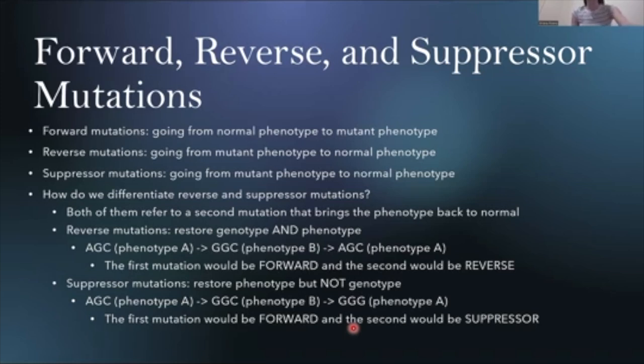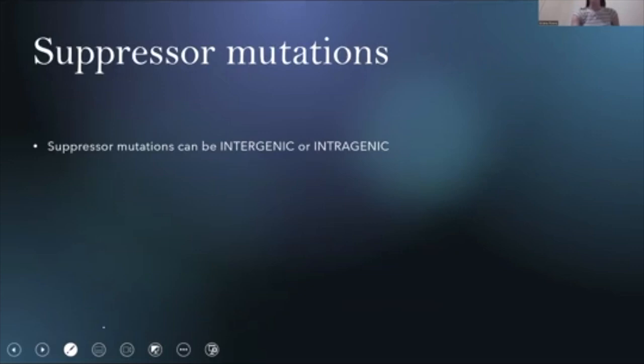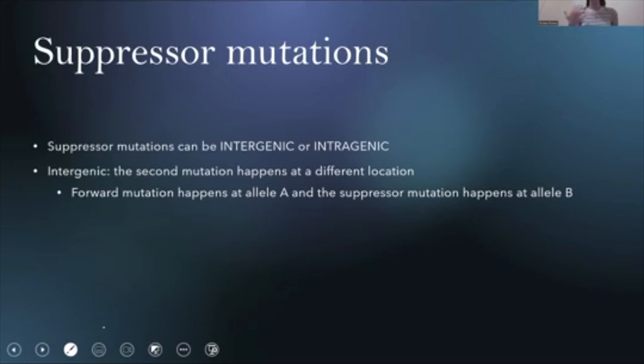So specifically, in this example that I gave you right here, this is a type of intragenic suppressor mutation because it's happening in that same codon. And there are actually 2 types. There could be intragenic or intergenic suppressor mutations. For intergenic suppressor mutations, that means that second mutation is happening at a different location.